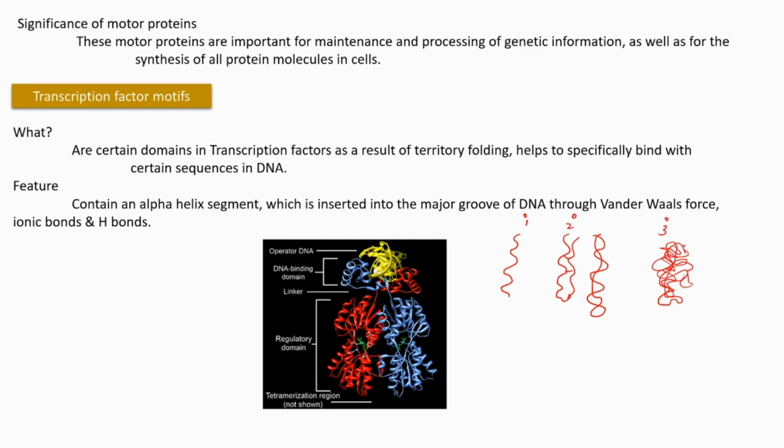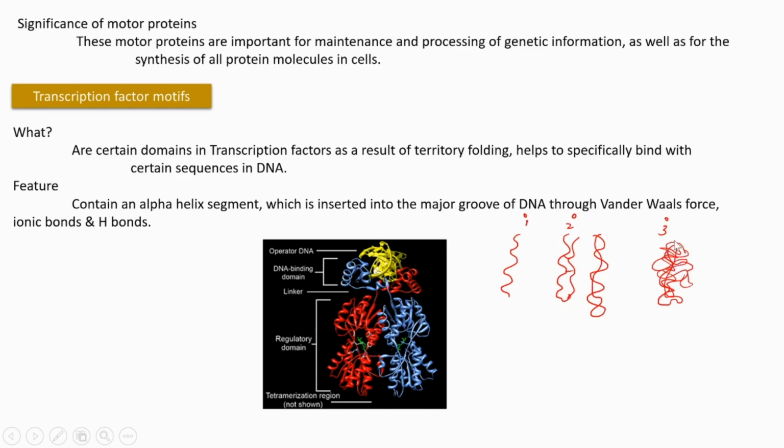So regarding transcription factor motifs, we are talking about this tertiary structure. As we are discussing transcription factors here, in its tertiary conformation it has so many foldings, and those foldings have a specific pattern.